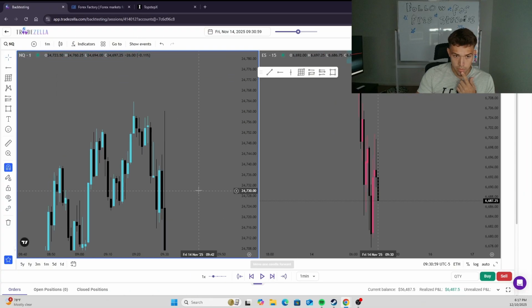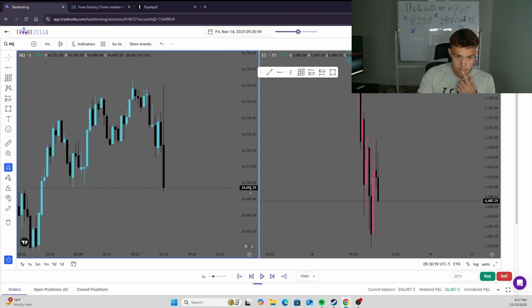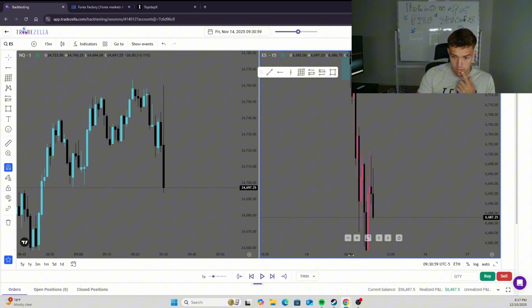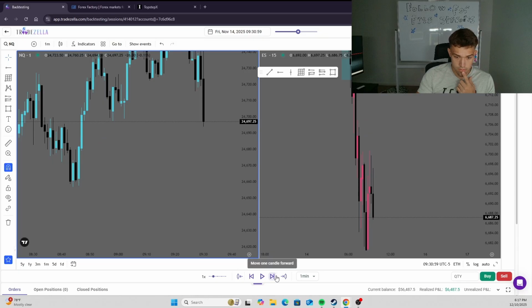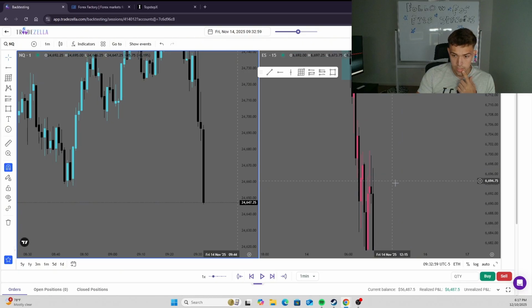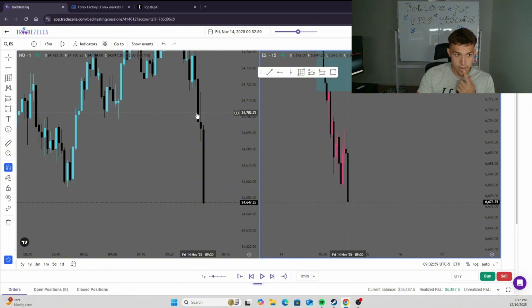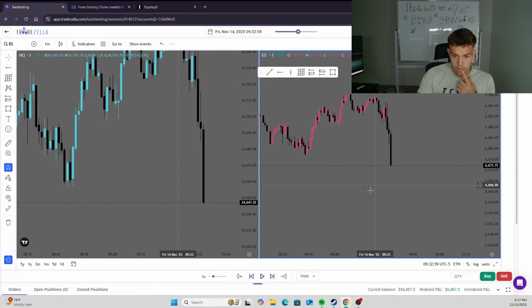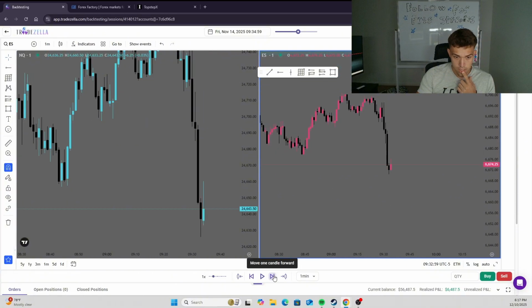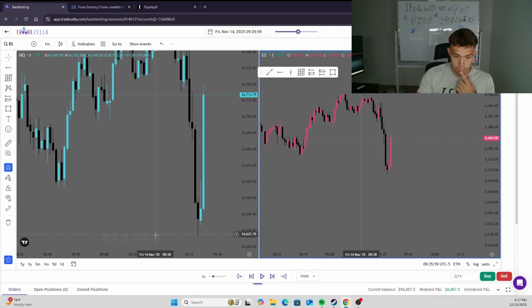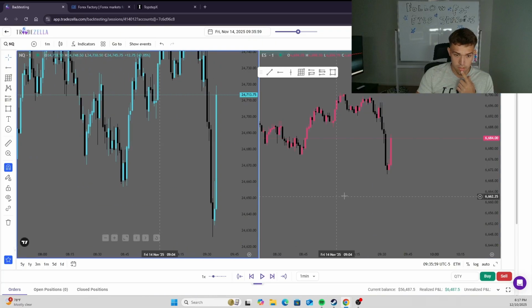So boom, market opens. All right, we sweep internal liquidity. We shoot down. We take out this low right here. And then boom, big displacement candle to the upside after sweeping this internal low.